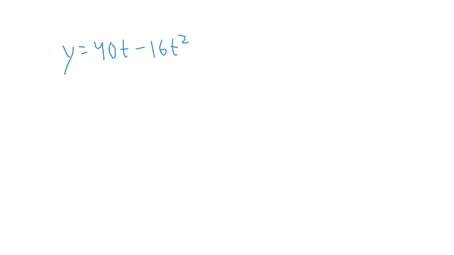So this is our equation, and essentially if they're asking you to find average velocity, what you need to do is figure out y on the period t equals 2 plus some seconds.